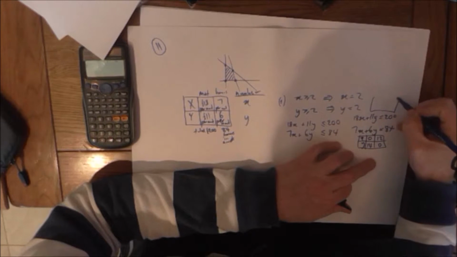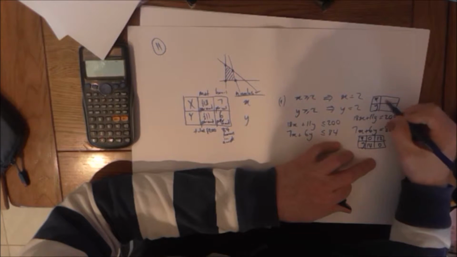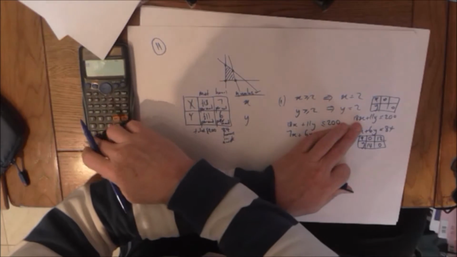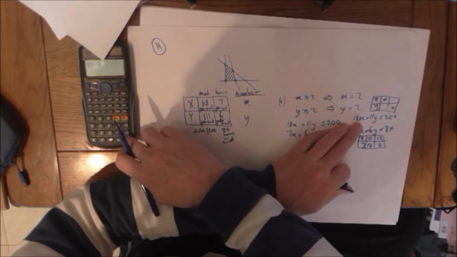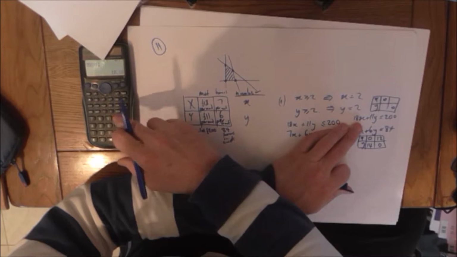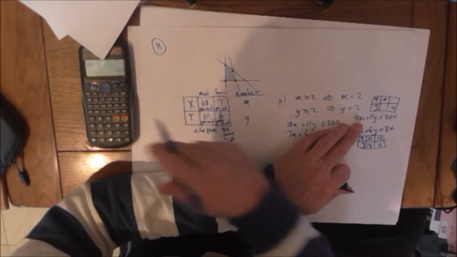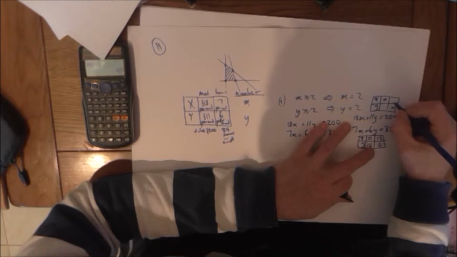What about these? Quick table for this. If x equals 0, then y equals 200 divided by 11, which is 18 and 2 over 11, I think.